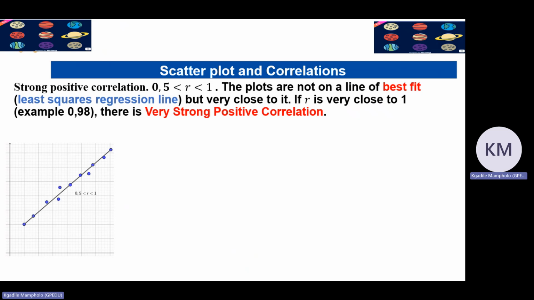All the plots are not on the line, but they're very close to the line. So in this case, there's a strong positive correlation, and to determine that, you use a calculator. Even if R is 0.7, you say there is strong positive correlation.